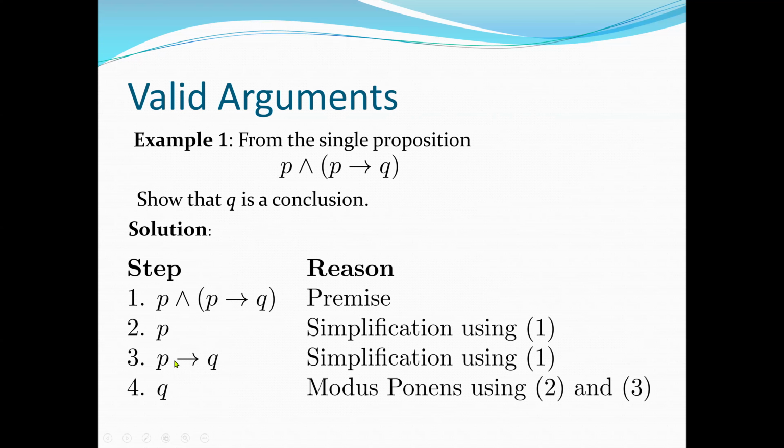Then if P implies Q, then at the end we can say Q. Here we are trying to say that P and then P implies Q will give me Q.